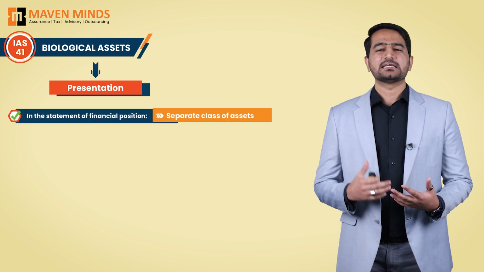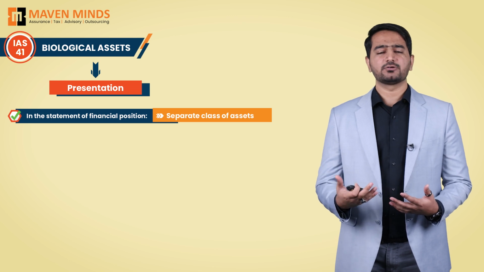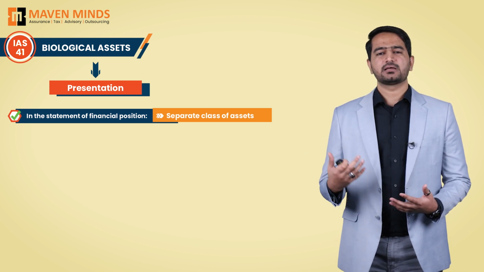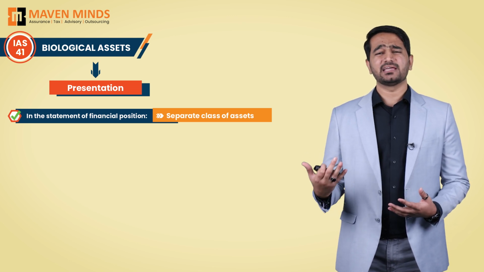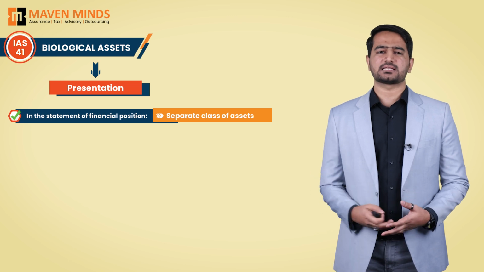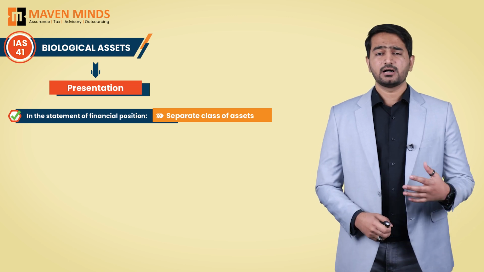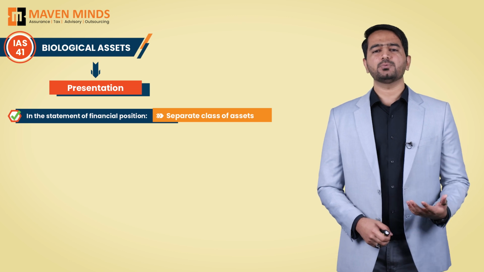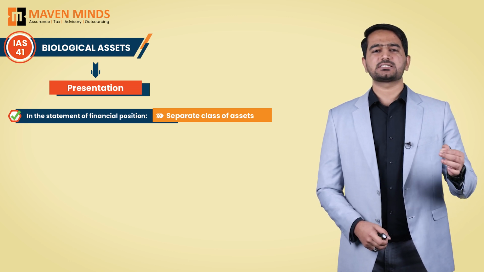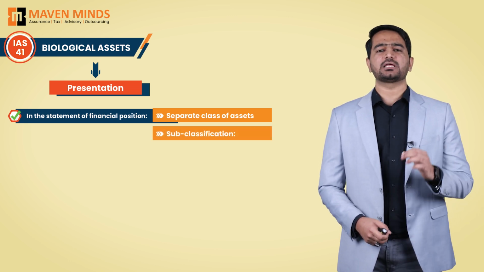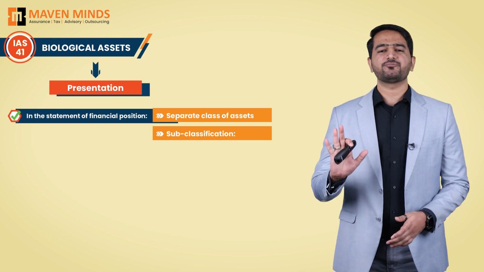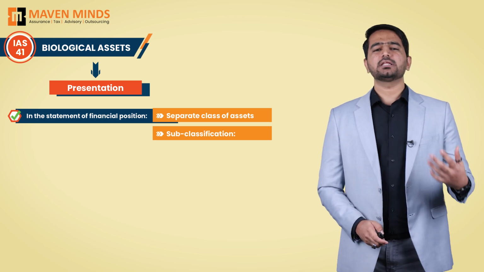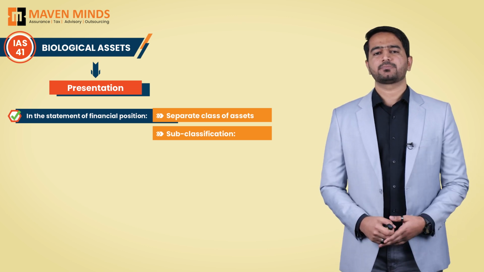This is because they are fundamentally different from other types of assets like property, plant and equipment, investment property or financial asset. Then a lot of disclosures are required, and one of the most important ones is the further subclassification of biological asset, either on the face of the statement or in the notes to the financial statement.